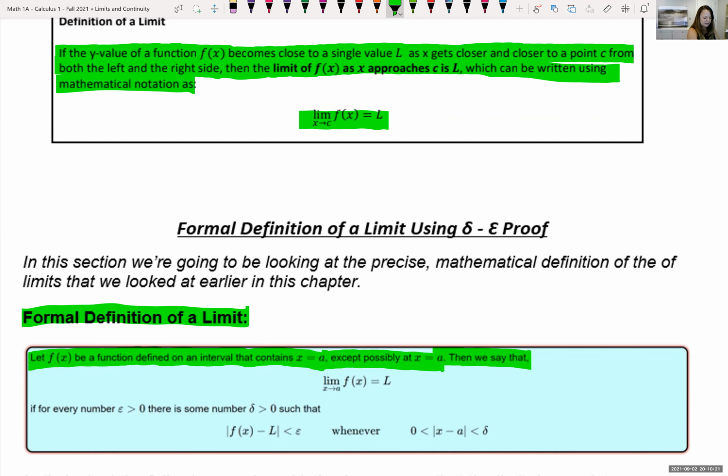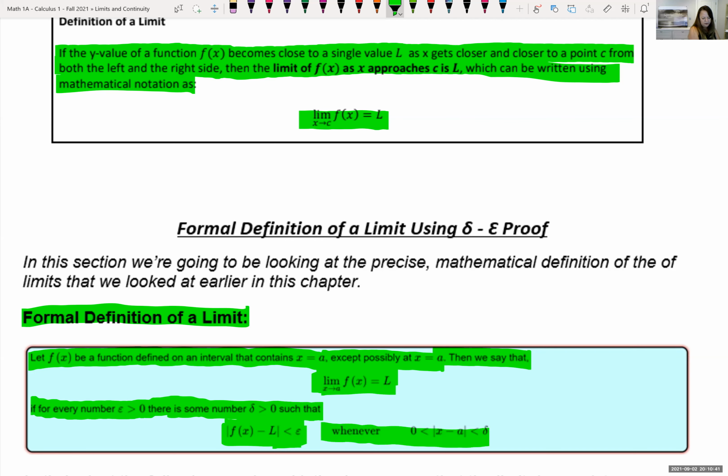Then we say that the limit as x approaches a of f of x is equal to L if for every epsilon greater than 0 there is some number delta greater than 0, such that the absolute value of f of x minus L is less than epsilon whenever 0 is less than the absolute value of x minus a, which is less than delta.